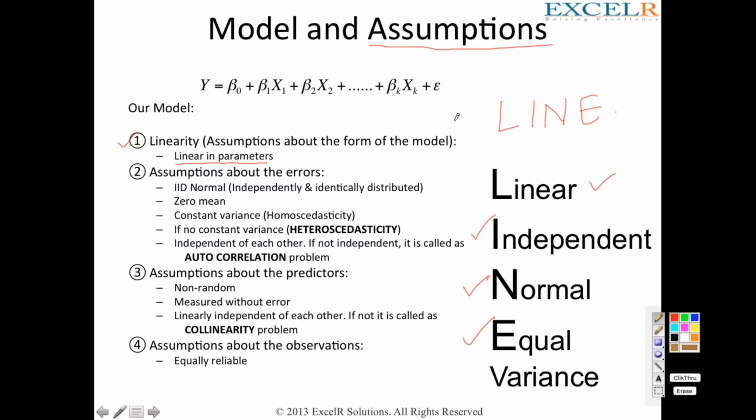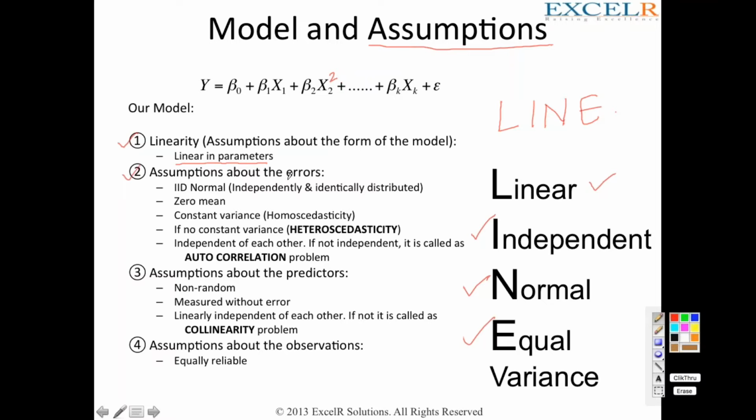So that means these coefficient values should enter linearly into the equation. I can put a square here, it will become quadratic. But what I'm interested in is whether these coefficient values or parameters or estimates are entering linearly into the model. Of course, scatter diagram is the best bet for that.